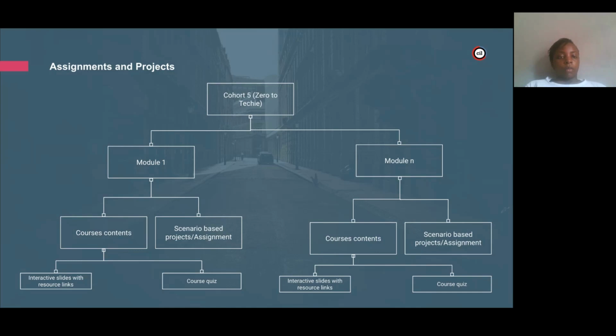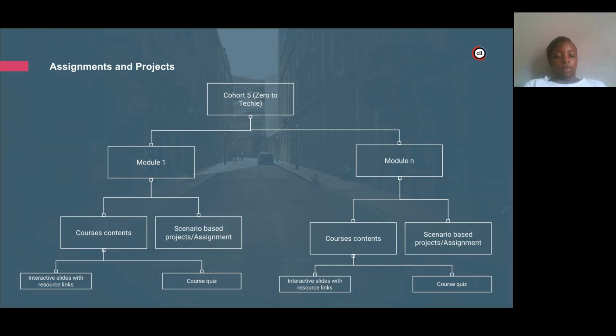Now, for you to complete a single module, there are assignments, you can call it projects, however you might want to call it, right? That are assigned to each module. You are expected to finish the module by completing a project. And there are scenario-based projects.